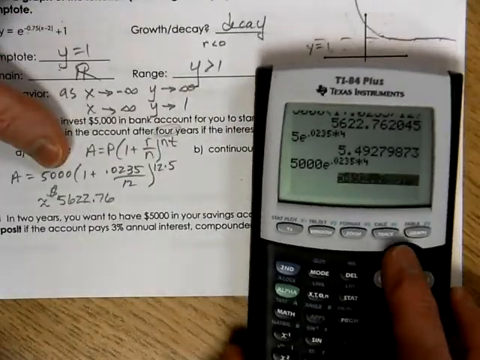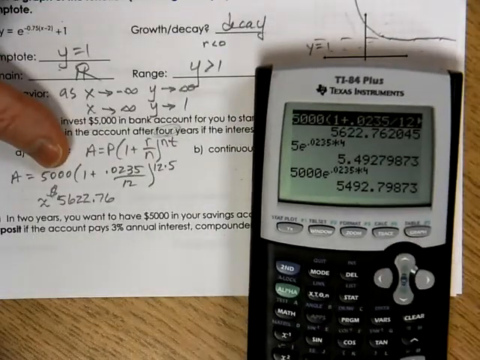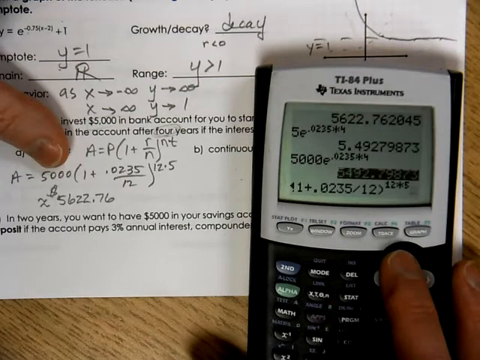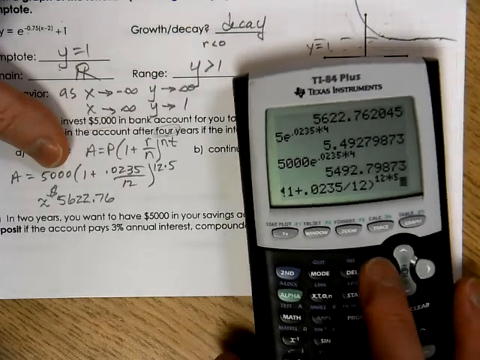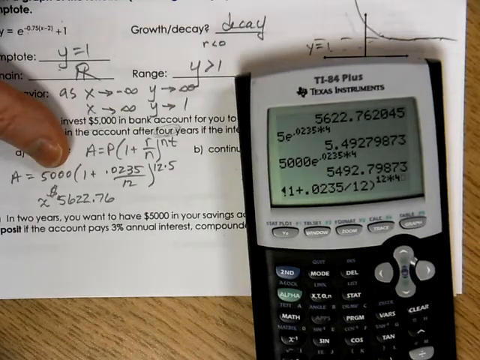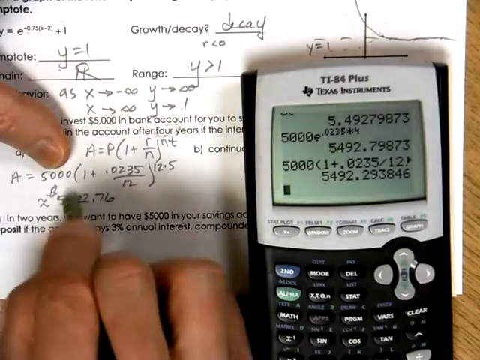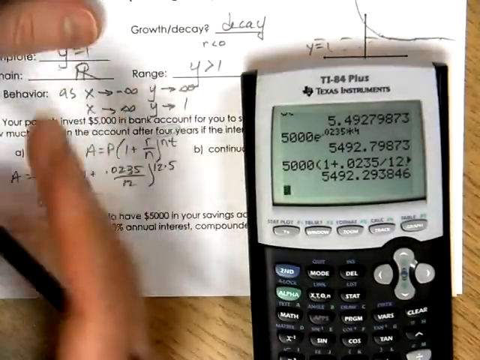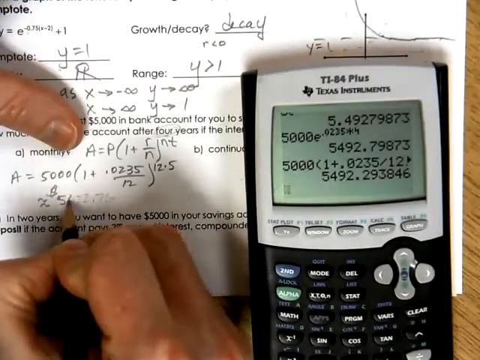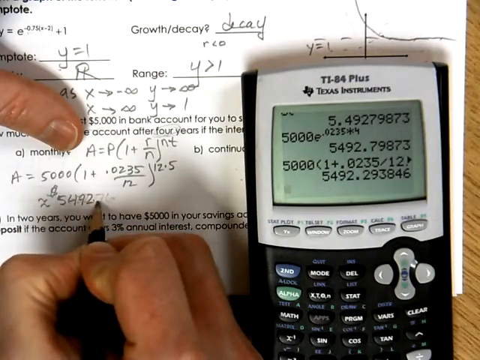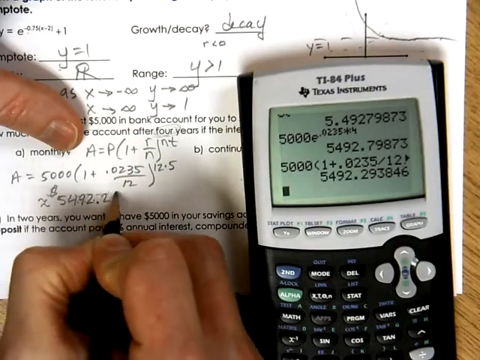And over here, we actually need to redo that one. And we need to tell it that we're going to compound it for 4 years. So that changes the result a little bit. 492.29.